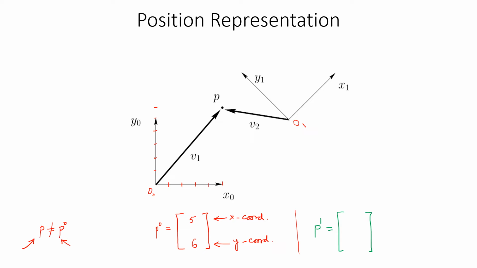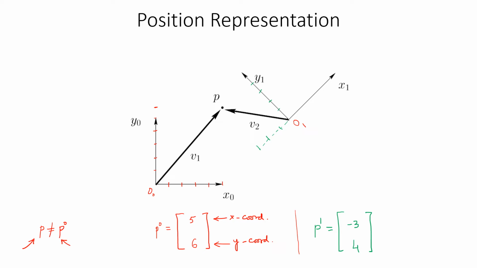In that sense, I can identify that it goes 1, 2, and 3 units along the minus x1 direction, so this would be minus 3 as the first element, and it goes certain units along the y1 direction, possibly 1, 2, 3, and 4 units.